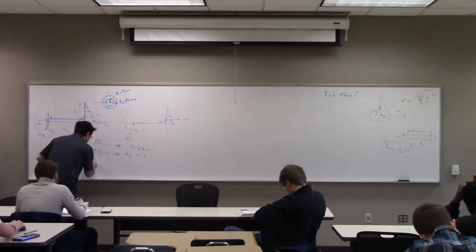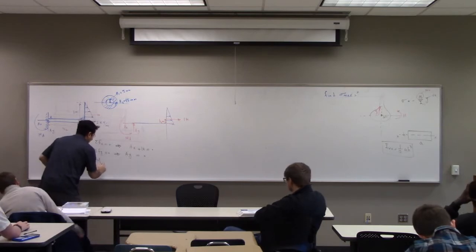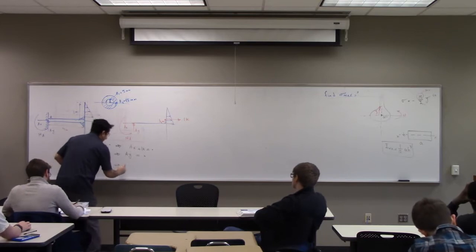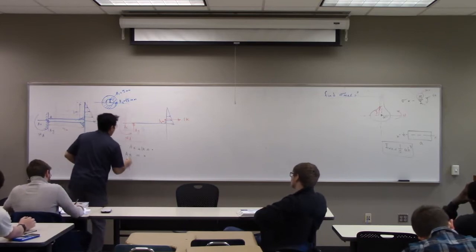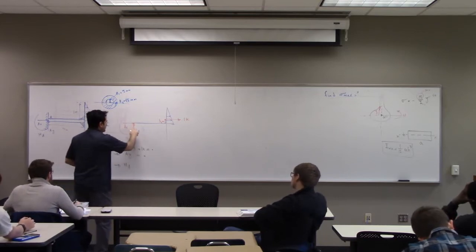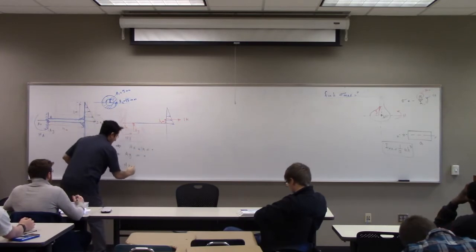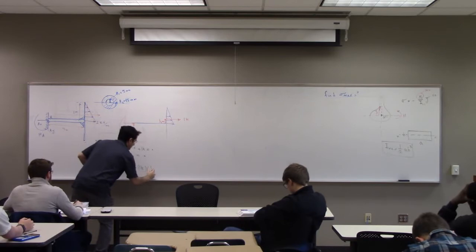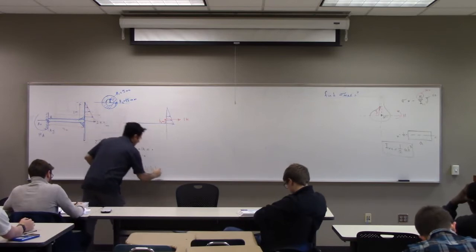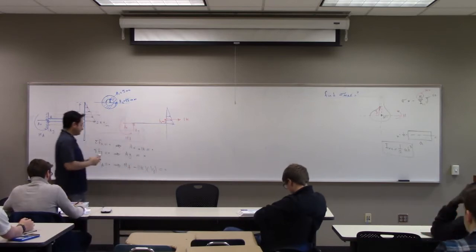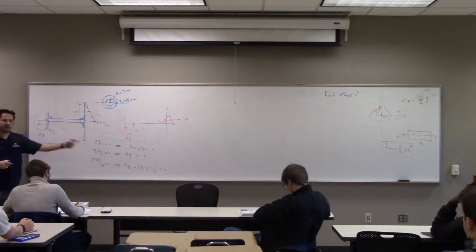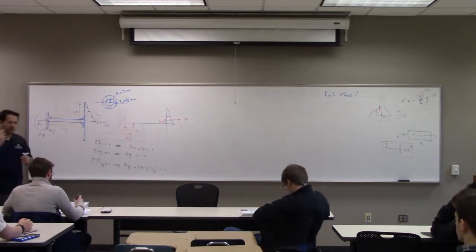And then the summation of moment about any point, for example A, is equal to 0. Then you get MA positive, these two are 0, then negative 1K times 1/3 is equal to 0. Now, I have my system, FBD, equations, then what was the next step?